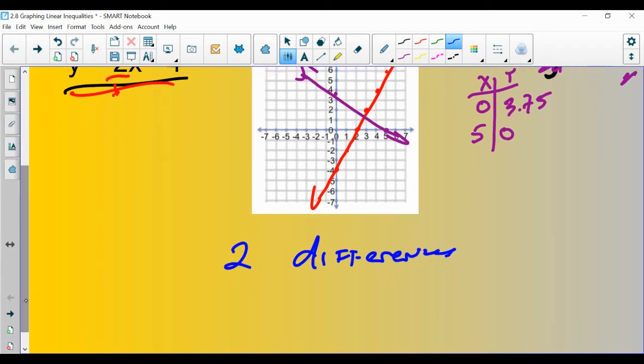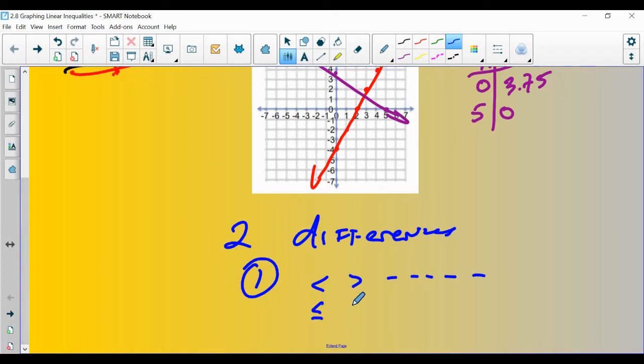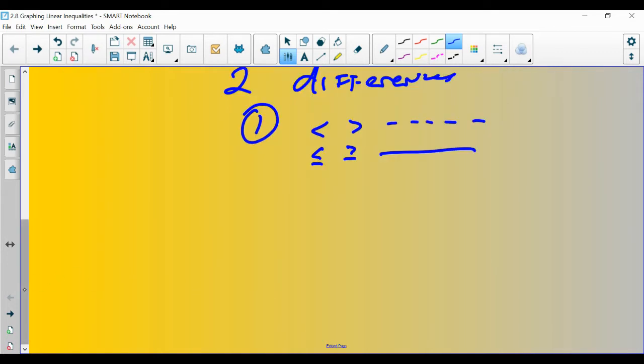Number one, the style of the line that we're graphing. If our inequality is a less than or a greater than sign, we are going to use a dotted line instead of the solid line that we've always graphed with. And if our inequality is less than or equal to or greater than or equal to, we still will make it a solid line. So that is one difference for graphing inequalities.